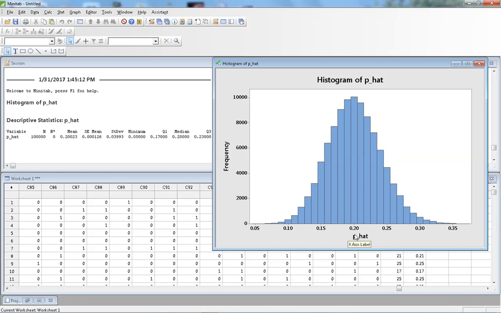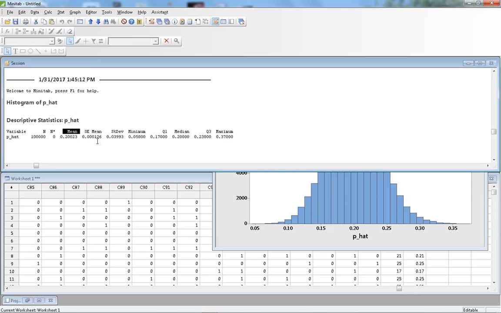So the mean and standard deviation for these 100,000 values are estimates like the values we expect for mu sub p hat and sigma sub p hat.